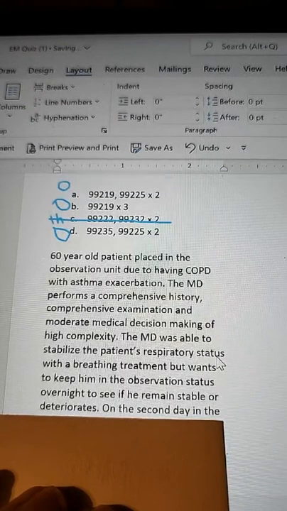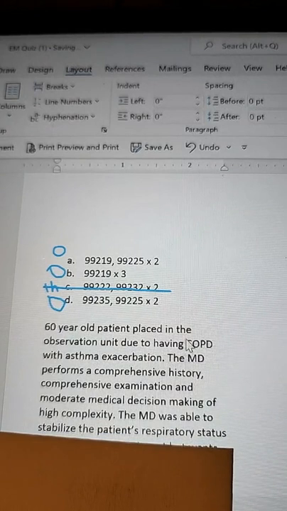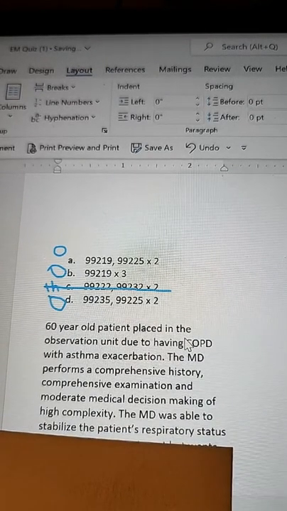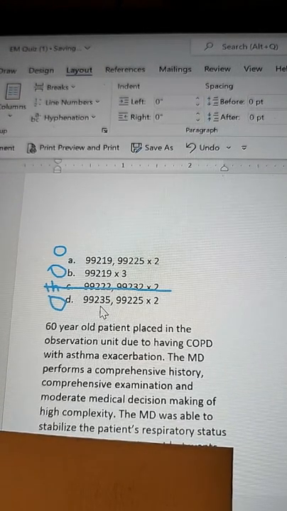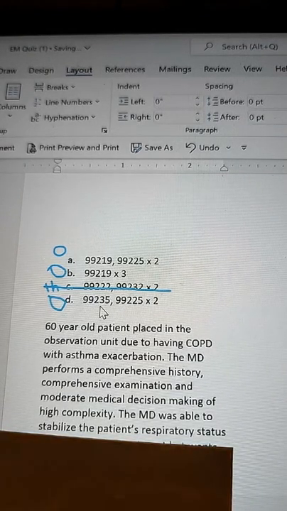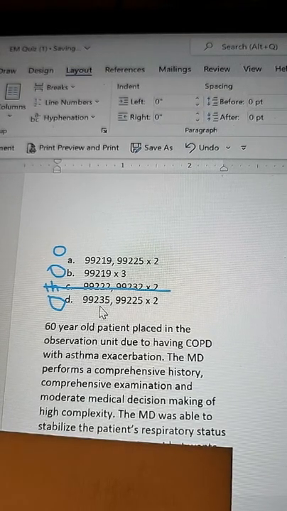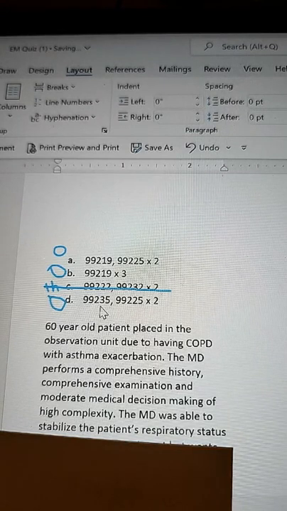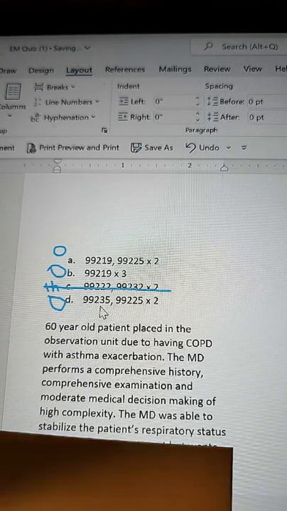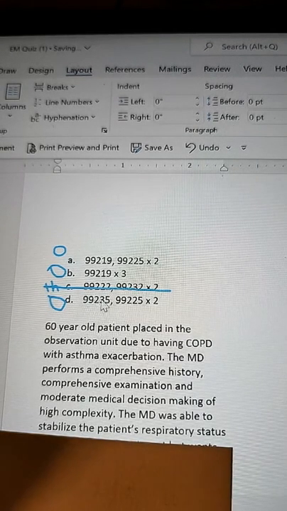So if they were admitted into observation for 3 days and we needed to bill for those 3 days with no discharge, which answer would it be? I know this 235 is going to be under the header of admit and discharge. Am I correct? 235, yep. Because our 234, 235, 236, those three codes include admission and discharge all into one code.